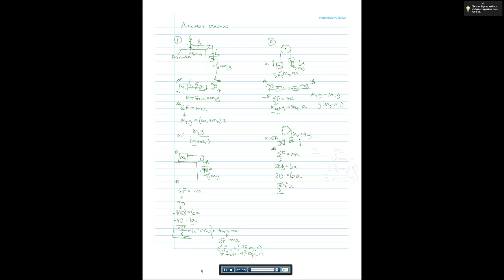They might also ask you for the tension, and you would do the exact same thing. Apply Newton's second law, and you pick a block, either block 1 or block 2. And you go, sum of my forces for block 2, that would be Ft plus Fg, and that would equal M2 times the acceleration.